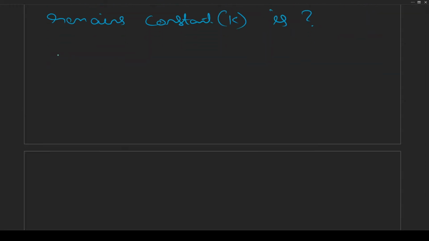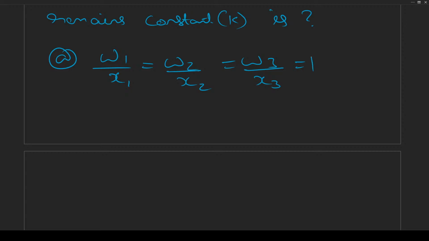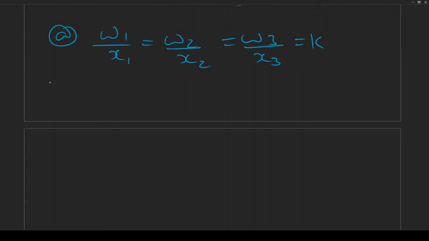Options: A, omega 1 by x1 equals omega 2 by x2 equals omega 3 by x3, that will be equal to k. Option B, omega 1 x1 equals omega 2 x2 equals omega 3 x3 equals k.